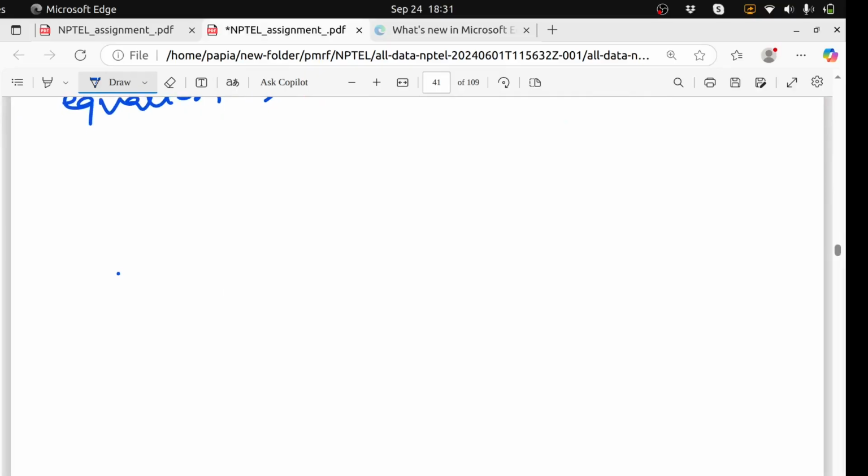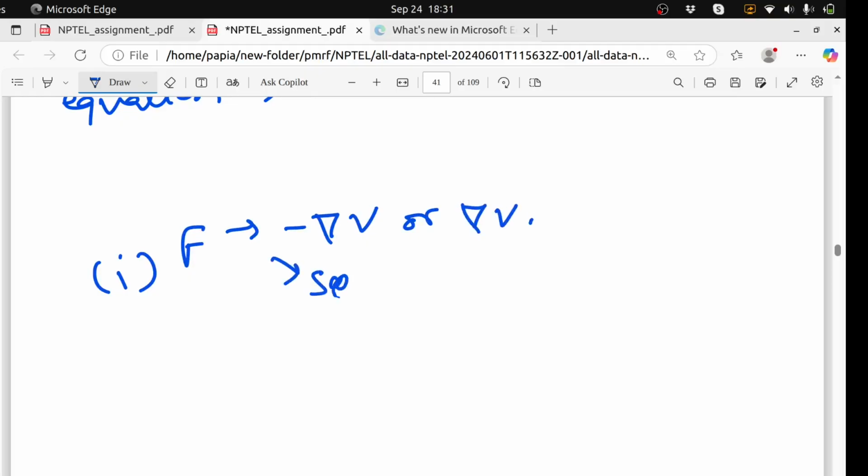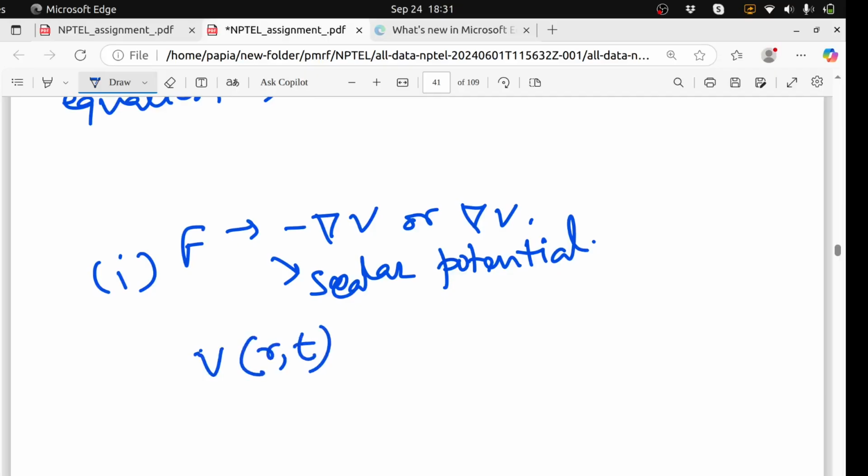The first assumption was that F will be minus grad phi or plus grad phi. So it is like the scalar potential should be there, but obviously the V can depend on r and t, there is no problem.